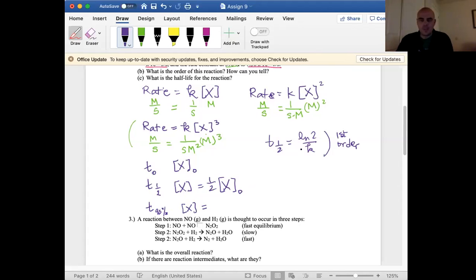Yeah, we just have 10%. So instead we can just multiply that initial amount by 0.1, right? Yeah. To get us to the concentration.